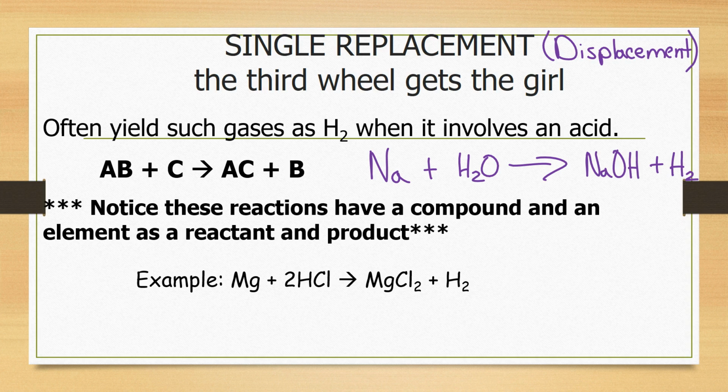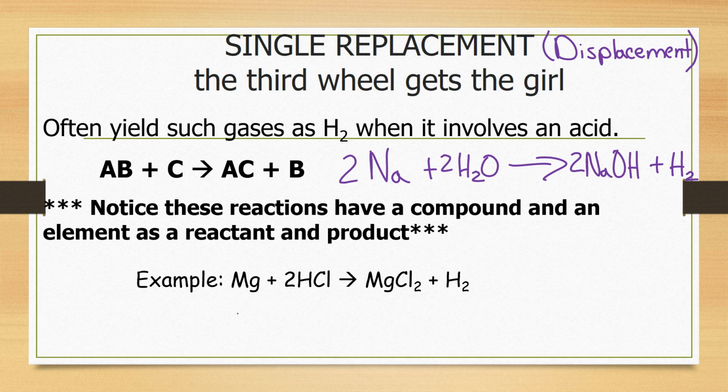I didn't balance that one, but that should balance it, yeah. All right. But that was also a reaction. So displacement, one single element is going to replace another in a compound. This can happen and it's always going to involve ionics.